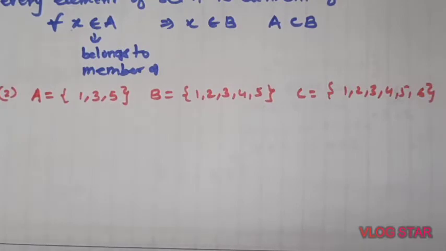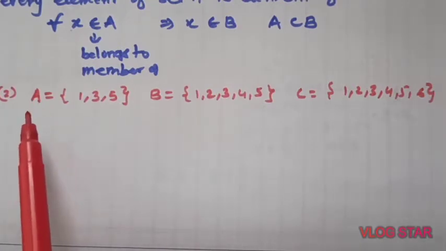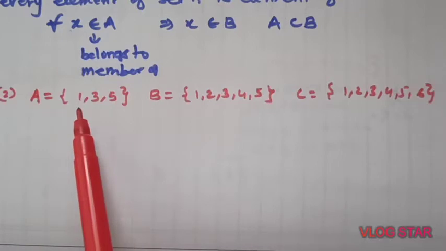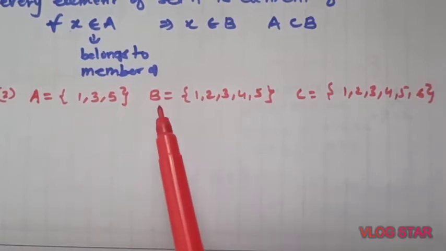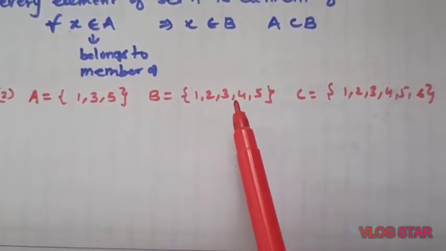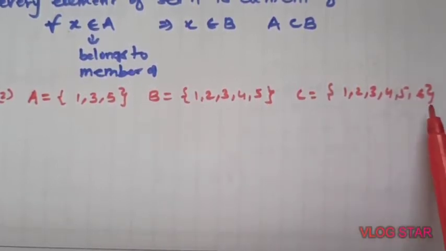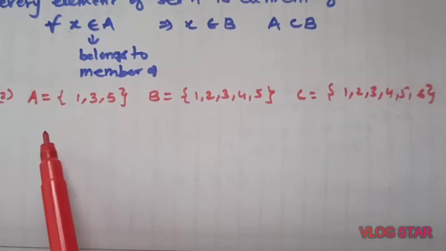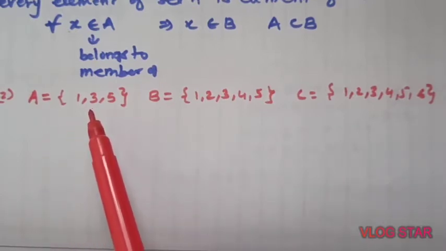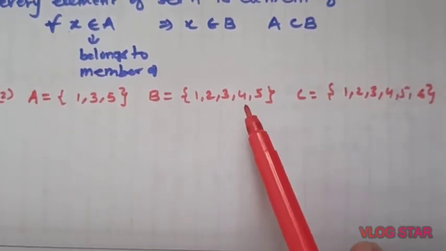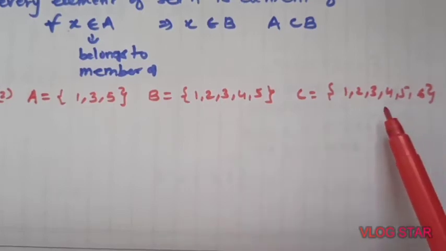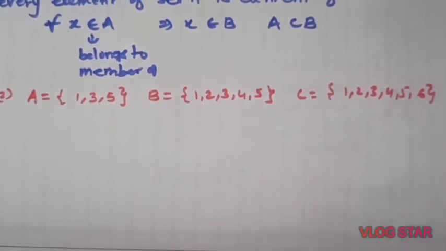Now look at this case. Here we have set A which contains 1, 3, 5, another set B which contains 1, 2, 3, 4, 5 and a third set C which contains 1, 2, 3, 4, 5, 6. Means here there are 3 sets. A has some members, B has 5 members and C has 6 members.